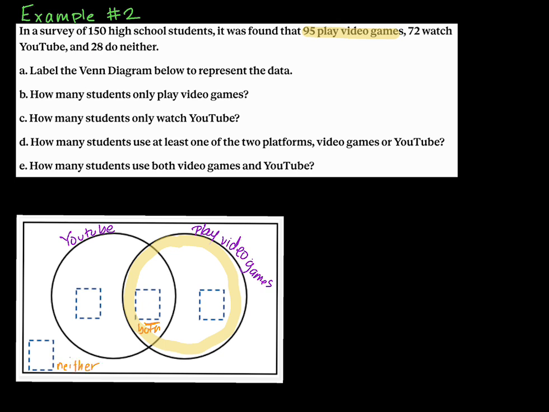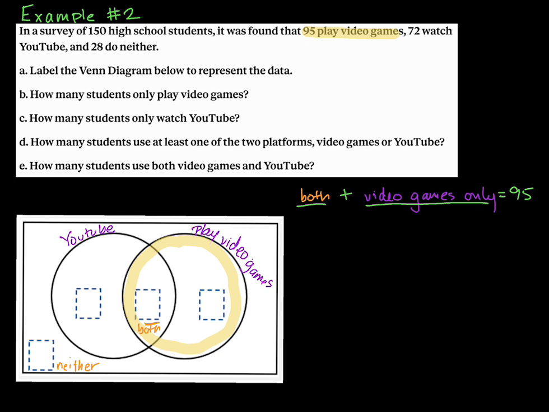So the students who fit into both and video games only, when we add those together, the total is 95, but we somehow need to figure out how that 95 is broken up into those two numbers.